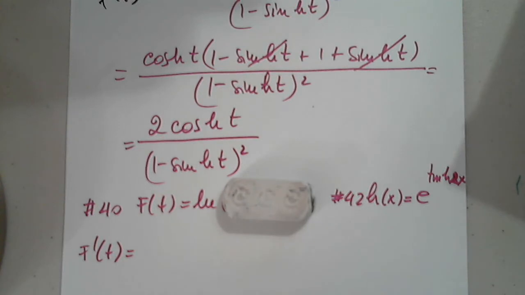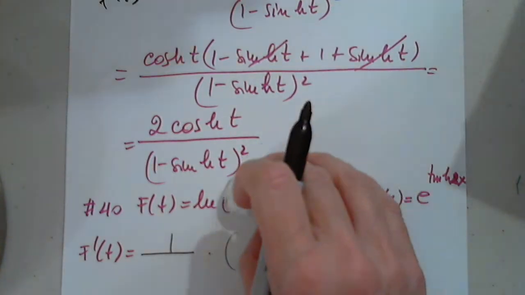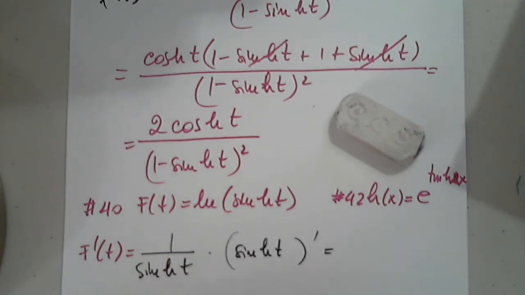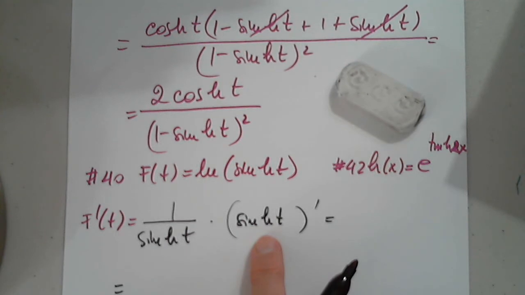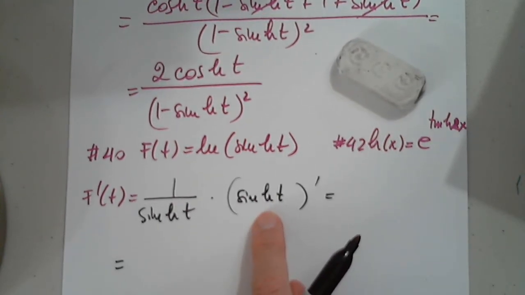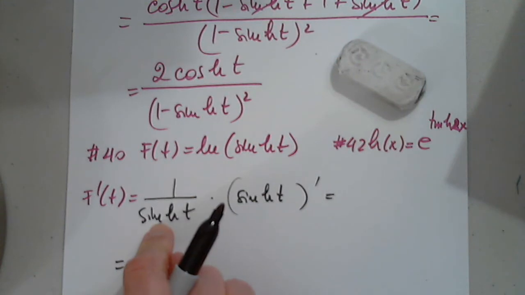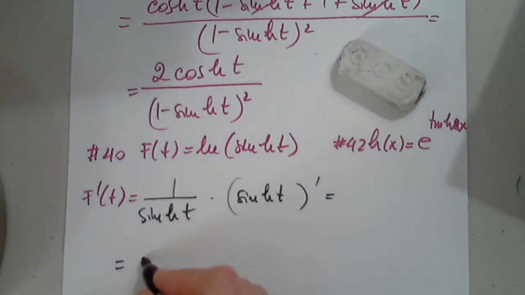What do I have to write? 1 over the function, yes, times the function prime. Perfect. So I have hyperbolic sine. How much is the derivative of hyperbolic sine? That is hyperbolic cosine. And how much is hyperbolic cosine over hyperbolic sine? That would be cotangent. Very good. Done. 42.